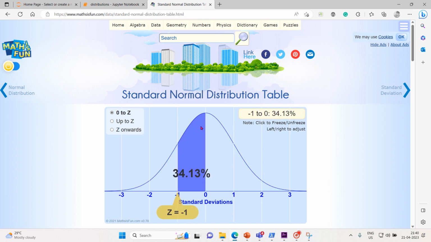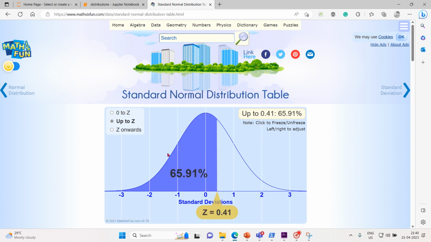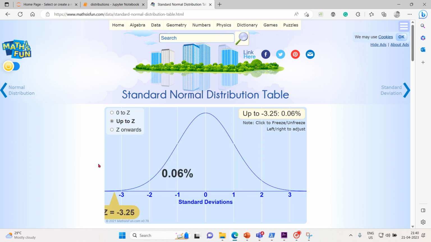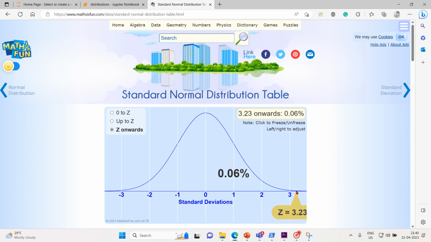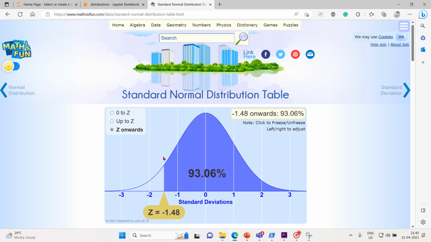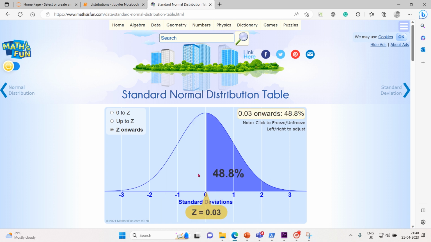You can take 0 to Z either this way, or from here to here, or from this side to this side. This is the standard normal distribution, and this is some kind of simulation for you to understand much more about this Z score.